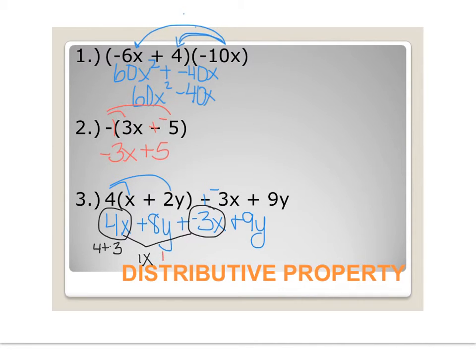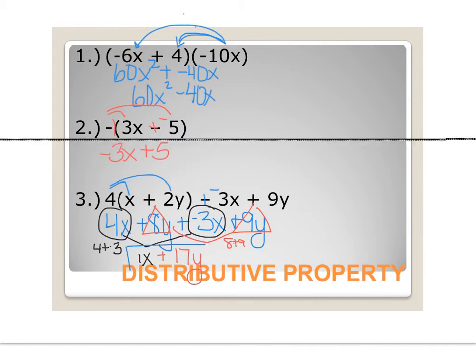Then plus, taking a positive 8y plus 9y is 17y. And then again, those two are not like terms, so we can't simplify anymore. So 1x plus 17y is a simplified version of this expression.